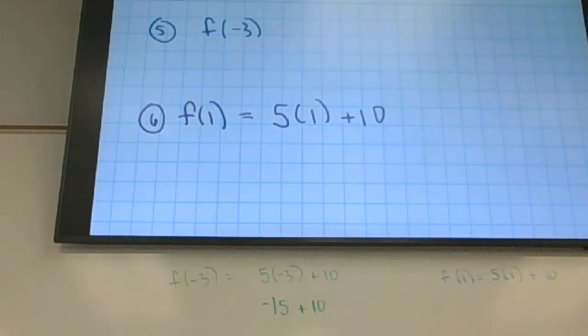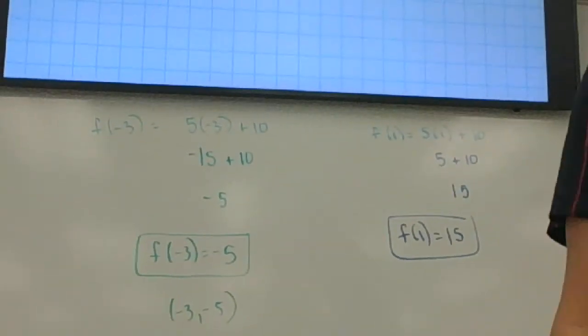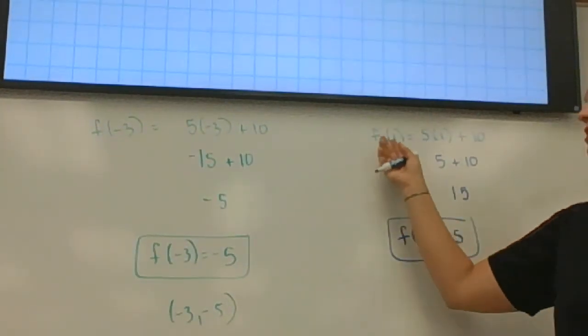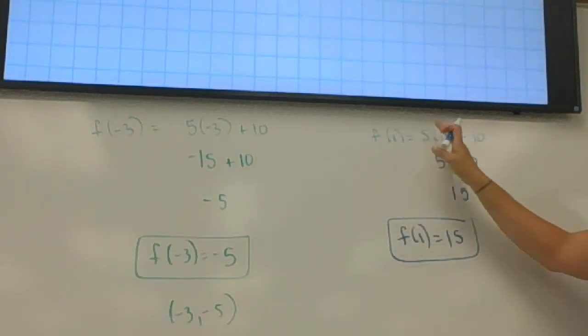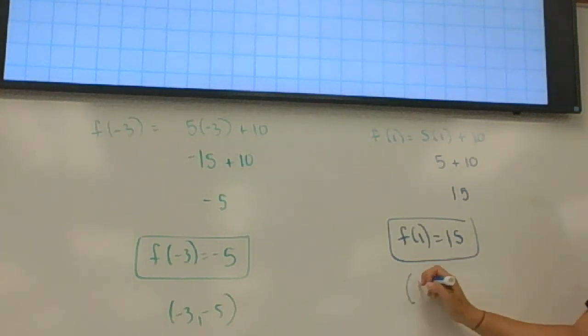Okay, so 5 times 1 is 5. Plus 10 is 15. And that's it. So now I'm going to bring the f back into the problem, and I'm going to say f of 1 is 15 in the box. So this parentheses isn't a math operation. It's just telling us what you plugged in. It's telling us for this function, I'm putting 1 in. It could just as easily be a y, but it's telling us what to put in for x.